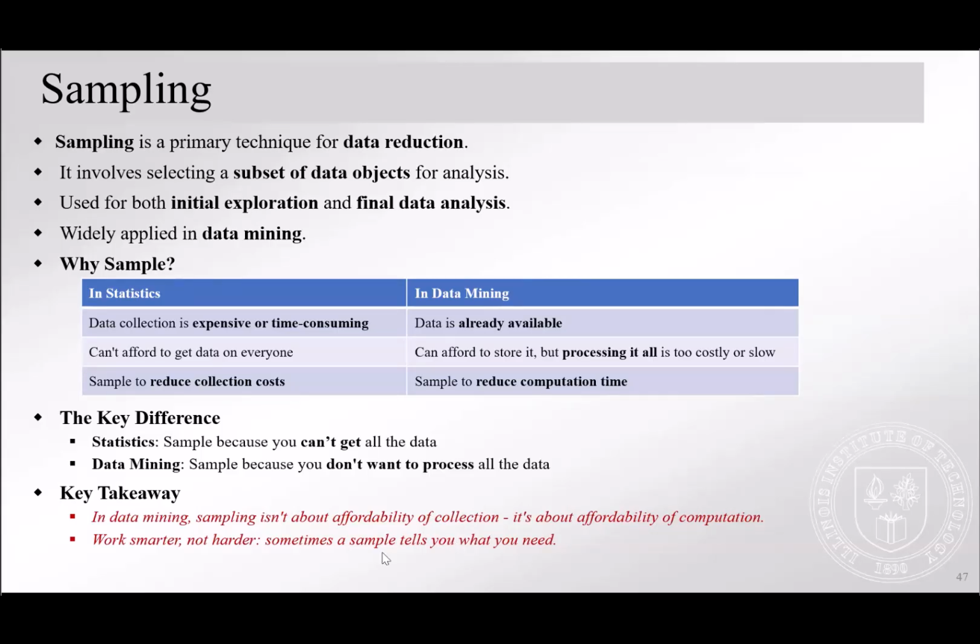So the bottom line is that in data mining, sampling isn't about affordability of collection, it's about affordability of computation. So work smarter, not harder. Sometimes a sample tells you everything that you need to know without the wait.